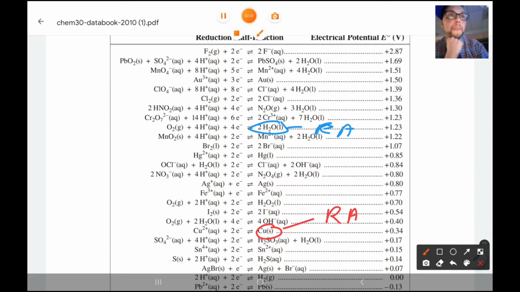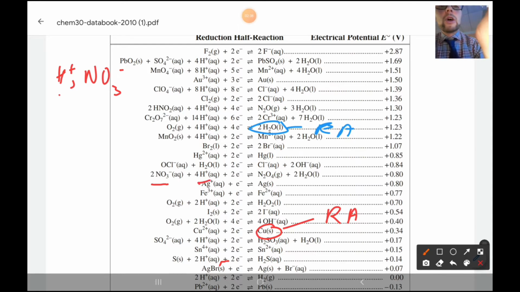Now, we also want H plus with NO3 minus. We don't want them separately from the nitric acid. And when we look over here, we can see that there's an NO3 minus here and there's an H plus. Now I know there's coefficients, but the coefficients don't matter. So we're going to write coefficients don't matter for what we're trying to do.